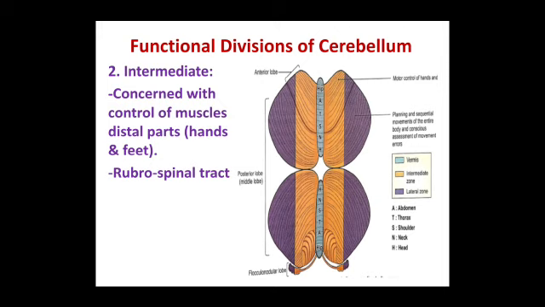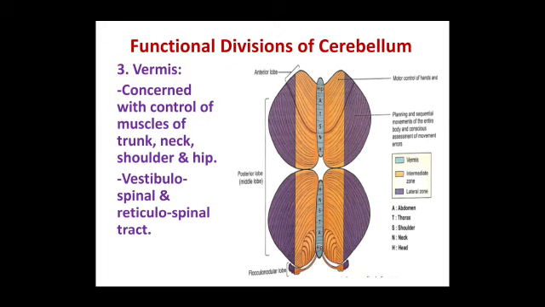The intermediate area is concerned with control of muscles of distal parts, especially hands and feet. Main tract is the rubrospinal tract. Coming to the vermis, it is concerned with control of muscles of the neck, trunk, shoulder and hip.